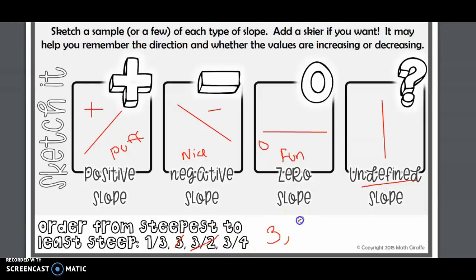So that's our next. Our next largest fraction, less than 1, is 3/4. Because remember, the top number is smaller than the bottom, or the denominator, and our least steep is 1/3. Make sure you have these. There's practice problems on the back.